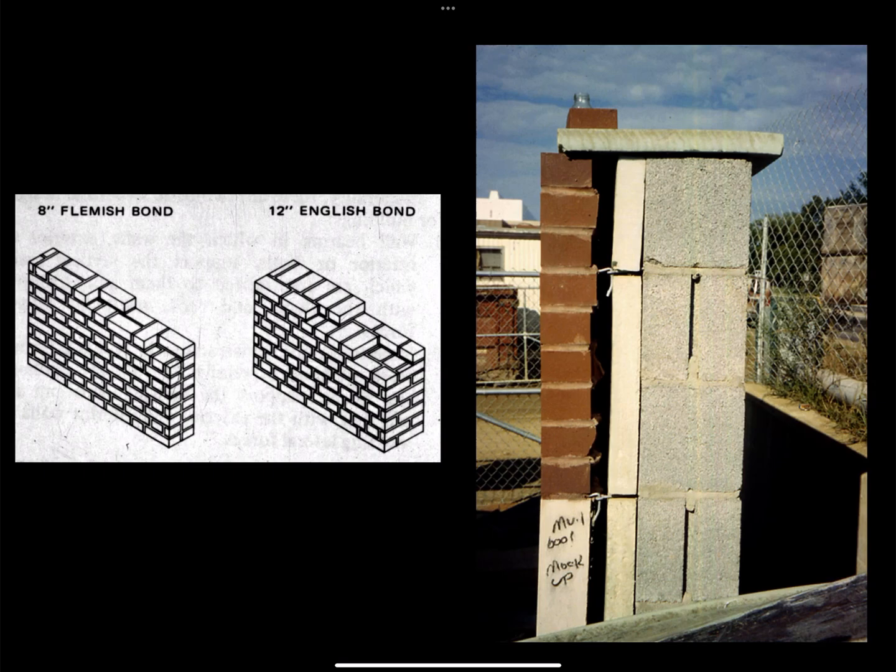So the cavity wall is a kind of precursor to the rain screen wall. And indeed, it very nearly has all three layers of the rain screen. It has the outer withe of masonry, which is the brick withe in this photograph. Then it has the cavity or airspace behind, and it has the inner withe of masonry.